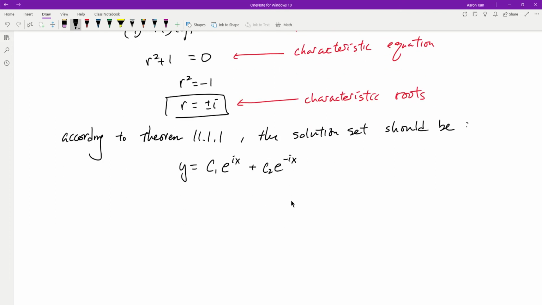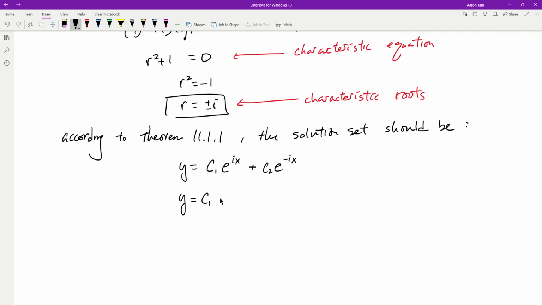Now we actually have a complex exponential function in both terms. So what would the solution look like? We can expand this a little bit, and I'll show you what happens.